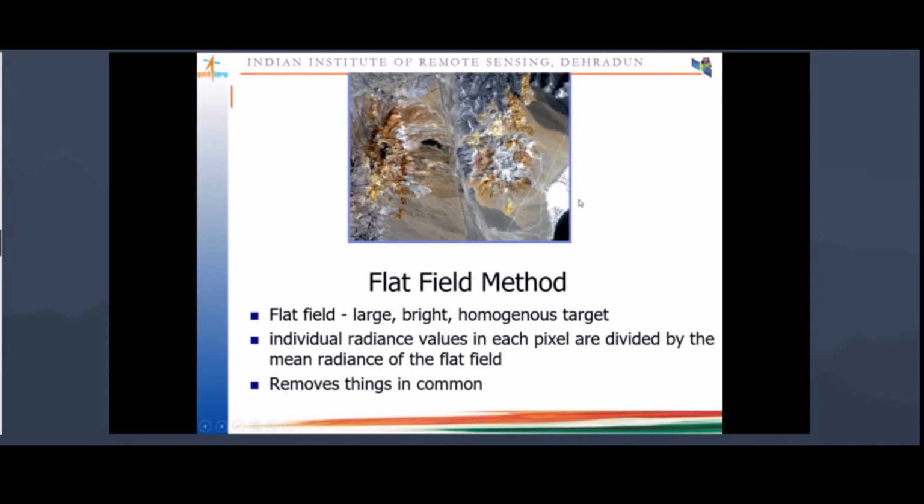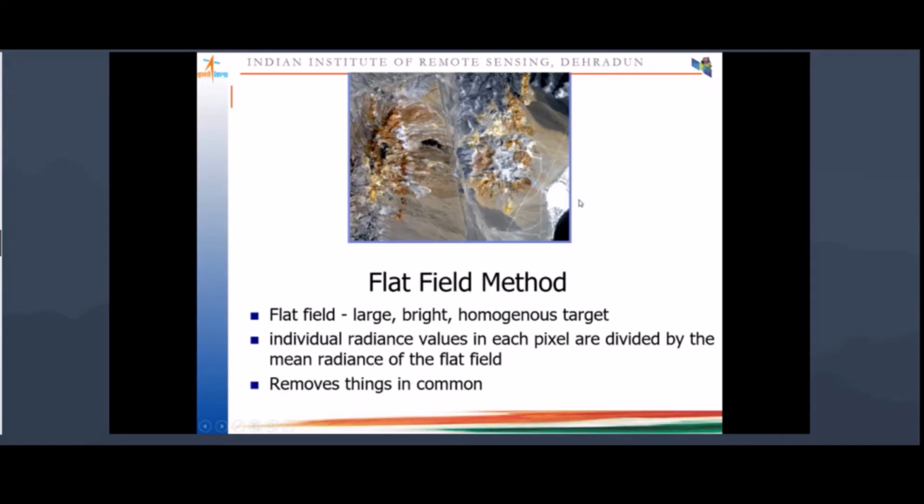Okay, so these could be, let's say, some pixels. If it is a sandy region, you can pick up some pixels from sand or very, very bright pixels, or you can take some urban features which are not going to change much over the time period. Of course, there will be slight changes in the spectral reflectance due to the presence of moisture or alteration due to time.